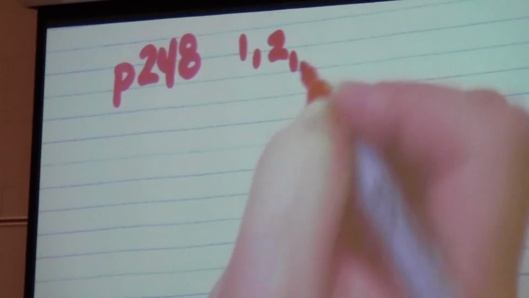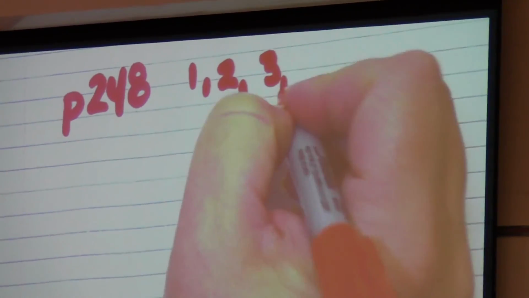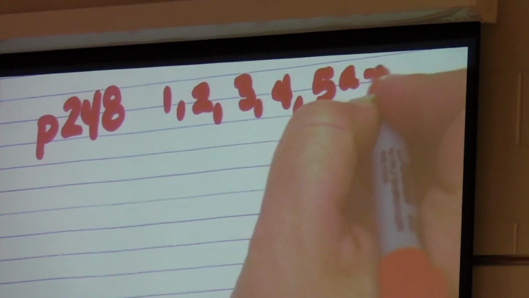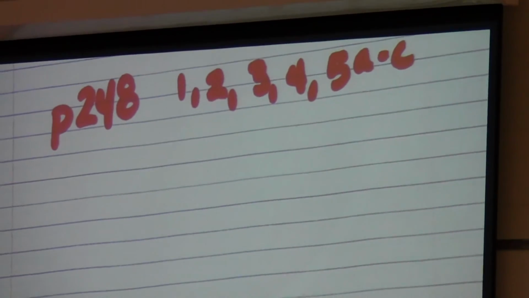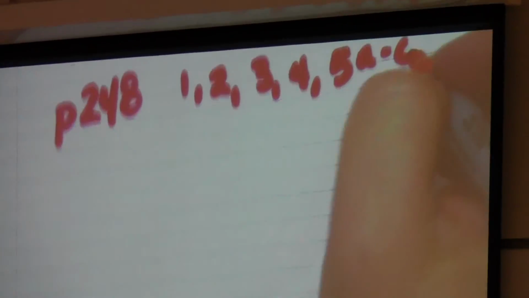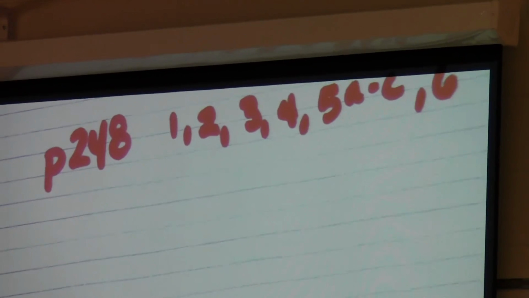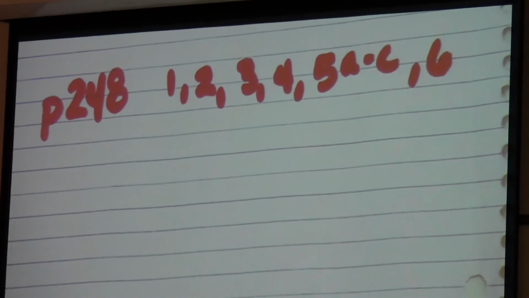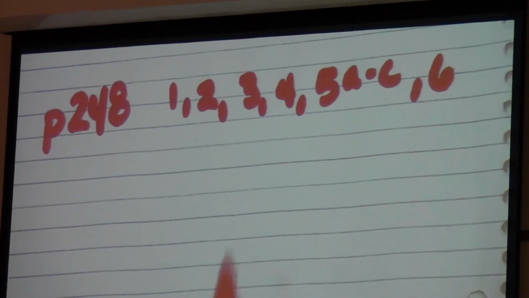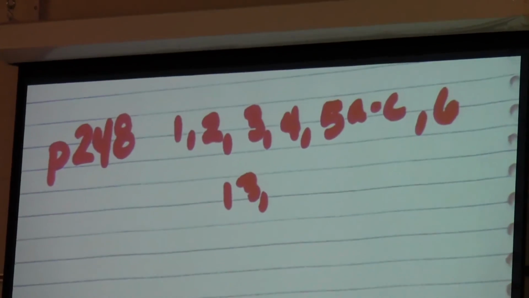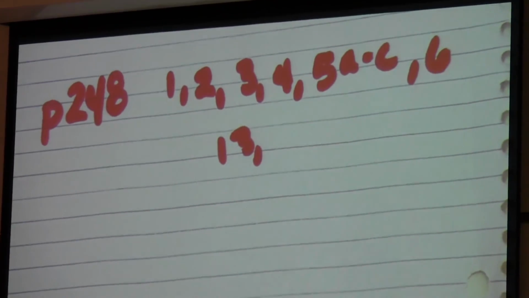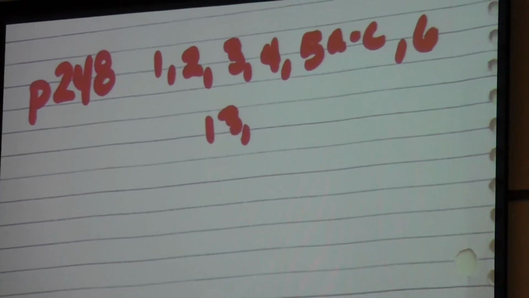Let's do 1, 2, 3, 4. On 5, we'll just do A to C. Let's do 6, because that's going to make it do some interesting things for our calculator there. And we'll do 13. Let's just do those.